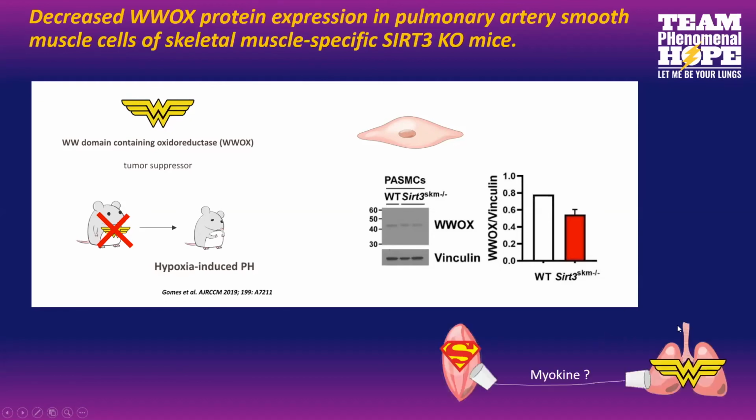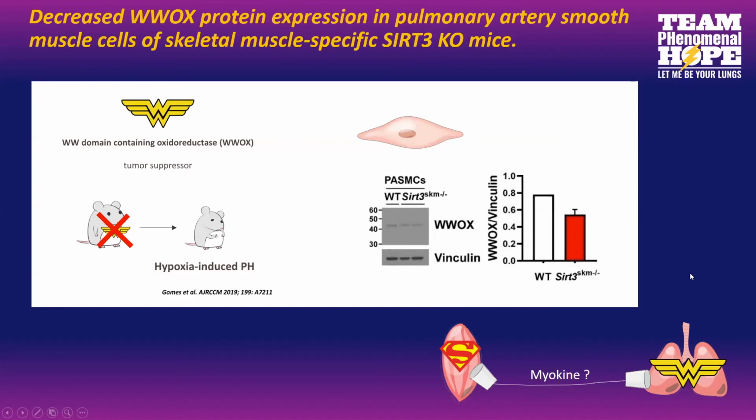So now we are trying to understand how SIRT3 in skeletal muscle communicates with WWOX in the pulmonary artery, in the lungs. So we try to focus on myokines, which are proteins or peptides that can be released from muscle.